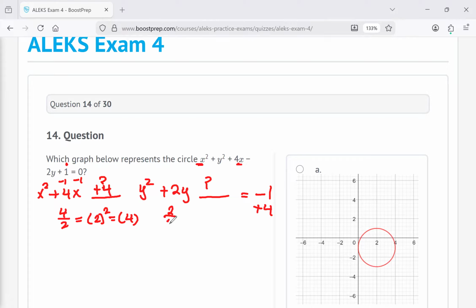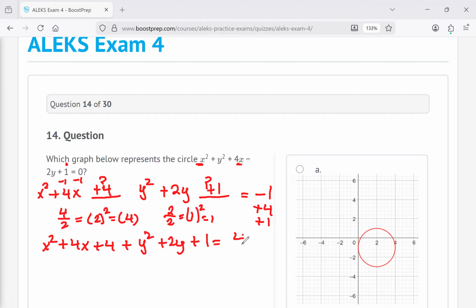If your b is 2, half of that is 1, and you square that, which is 1. You add 1 there and add 1 there. So now you have x squared plus 4x plus 4, plus y squared plus 2y plus 1. And on the right, 4 plus 1 is 5, minus 1 is 4.